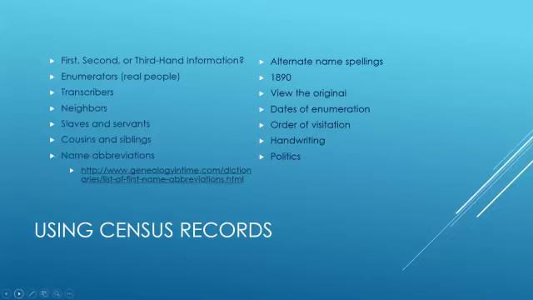When you are viewing census records, it's really important to look at the original record. When you just look it up in a database, it has been transcribed by someone who has interpreted the original information into a text searchable database.